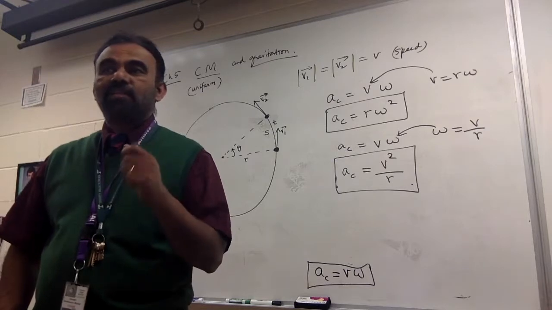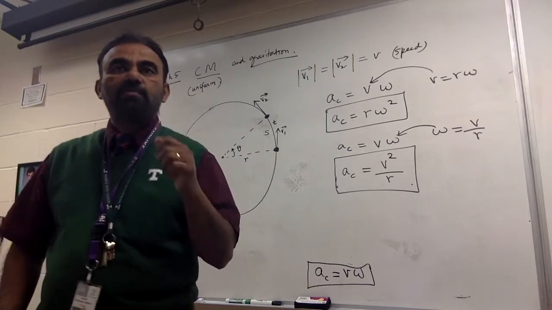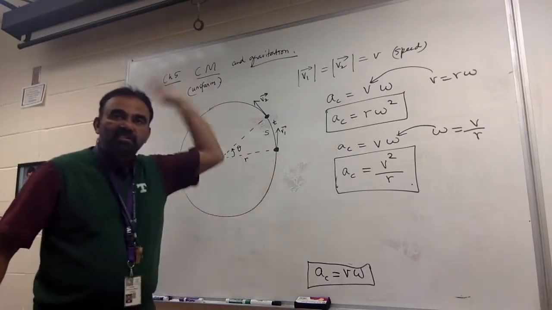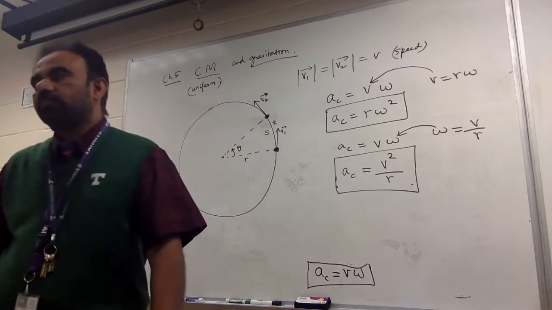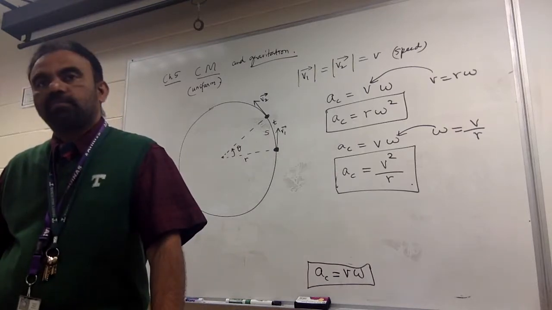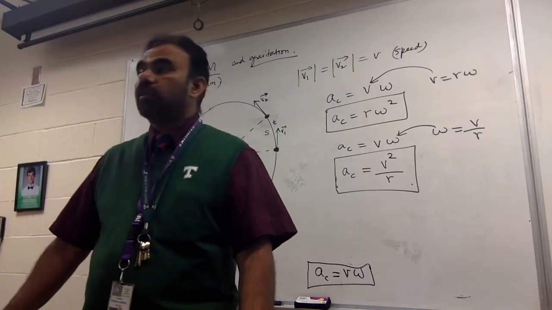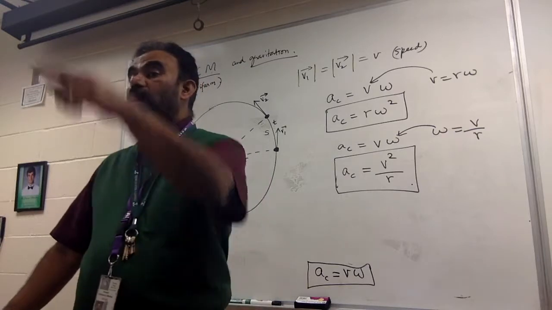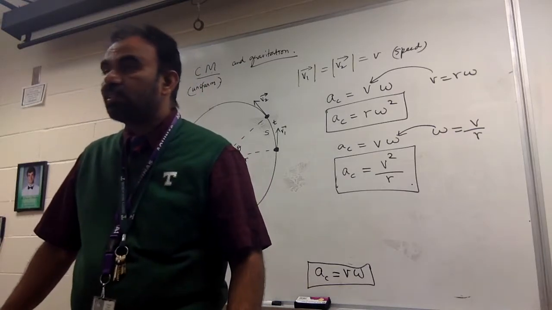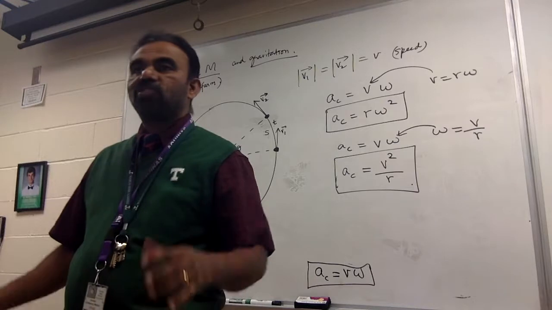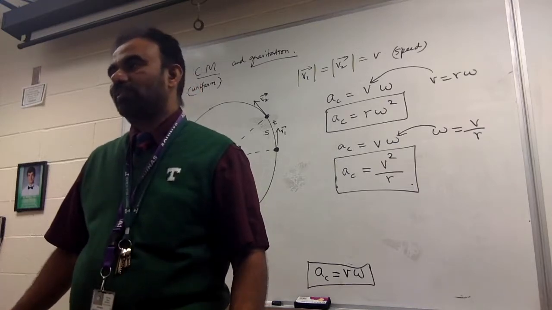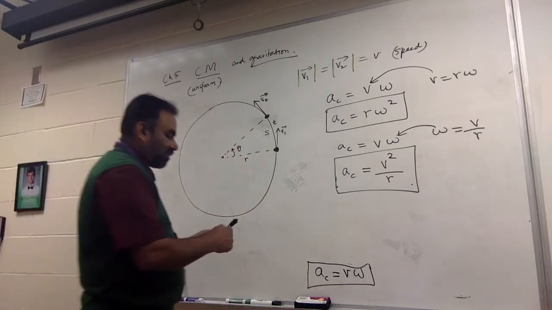Failing to provide that centripetal acceleration, the object cannot maintain its circular motion and then it will just fly off. So what is needed for an object to go round and round in circular motion? Centripetal acceleration. Now what will provide that centripetal acceleration? No. A centripetal force. So what is centripetal force?